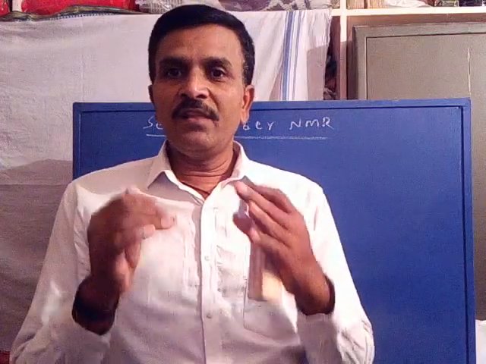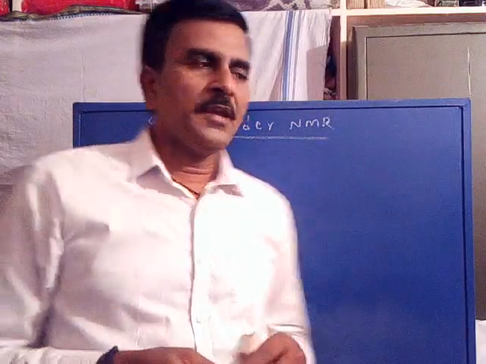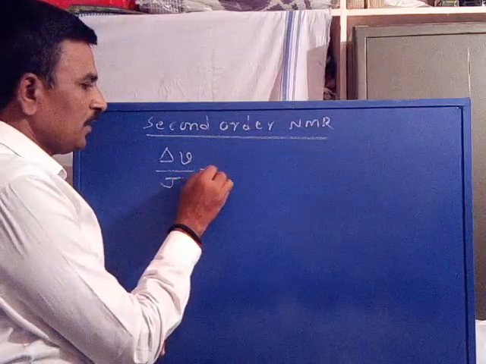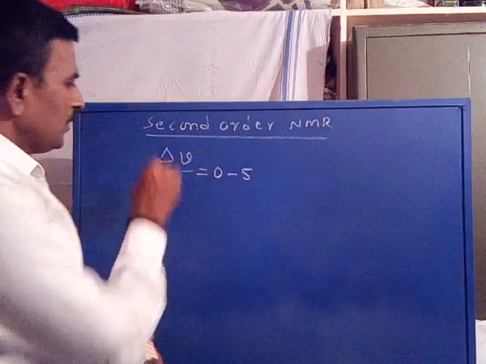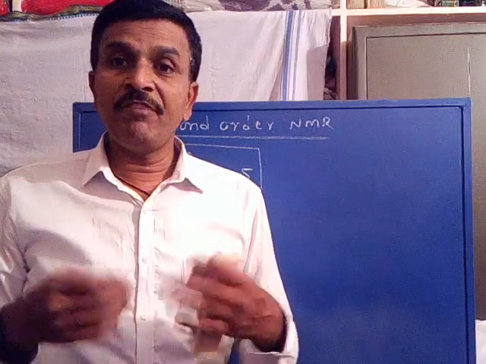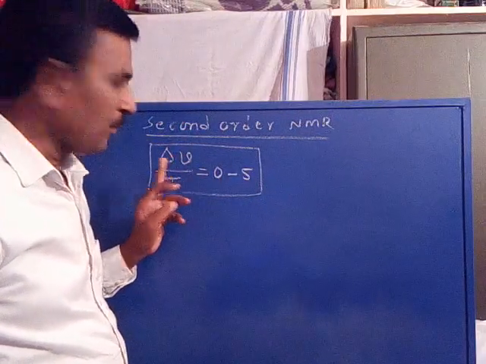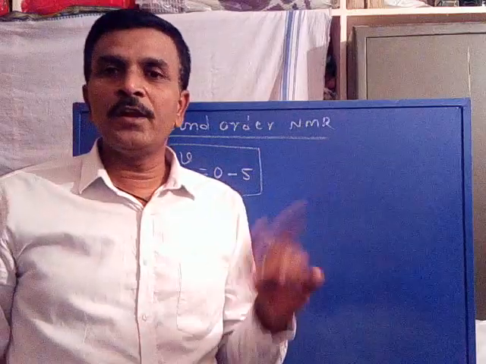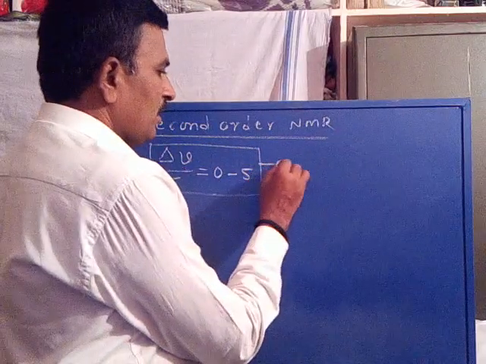Second order NMR. Now, if the frequency difference between a set of coupled protons is too small, that is, the ratio of the frequency difference between the coupled protons to their coupling constant value is in between 0 to 5 in any molecule, then the spectrums for those molecules are called second order NMR.